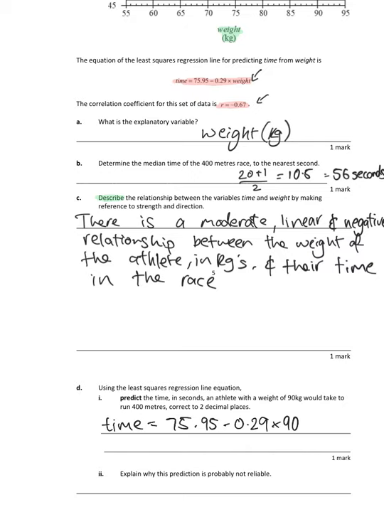It wants it to 2 decimal places, so I'll quickly whip that up on the calculator. All right, so to 2 decimal places, the time the athlete is going to get is 49.85 seconds.